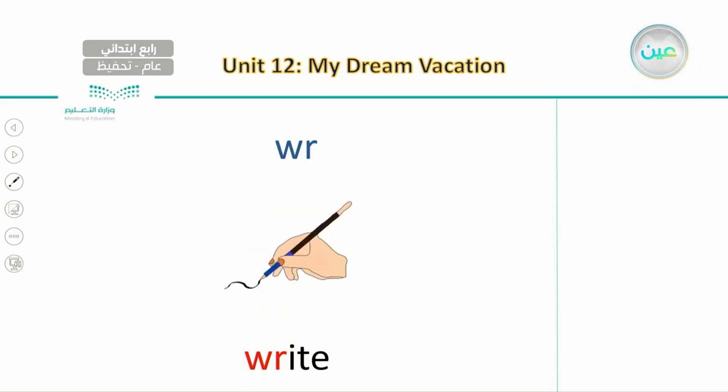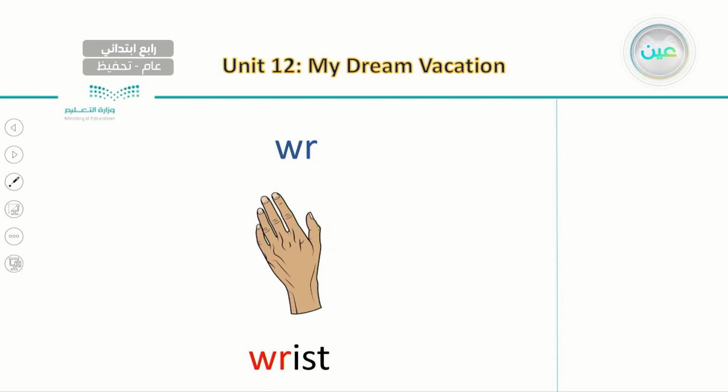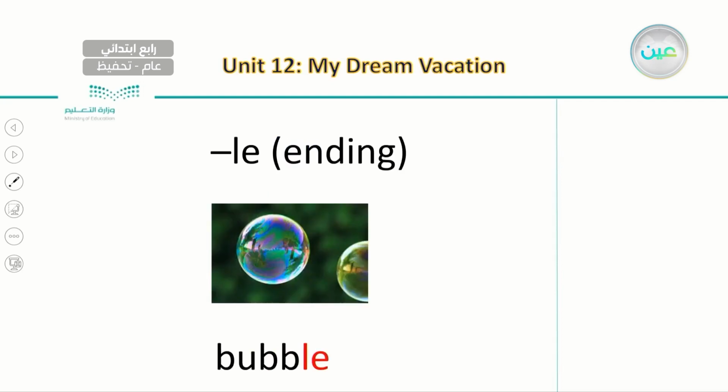And the other blend we have starts with W and R. Here we keep W silent, as in this word, write. Write. With write, we kept W silent. The same goes here, wrest. We kept W silent in this word.